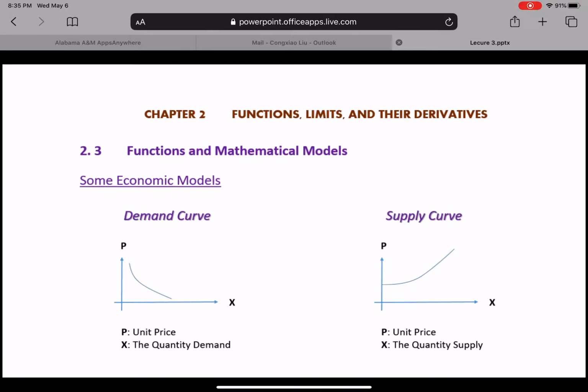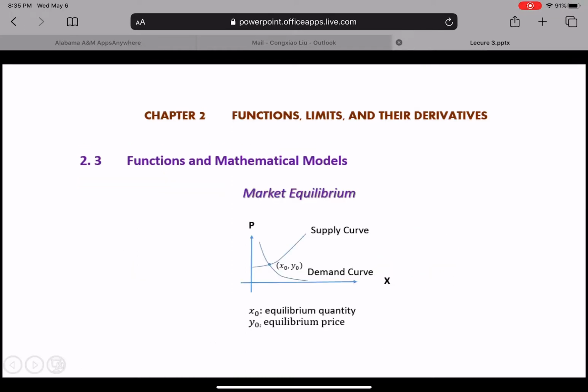So if you want to make a deal between the customer and the seller, then they have to make an equilibrium, and we call that market equilibrium. So that happens when the demand curve and the supply curve meet at the point x naught, y naught. So we call this x naught the equilibrium quantity and the y naught, which is the price, the equilibrium price.